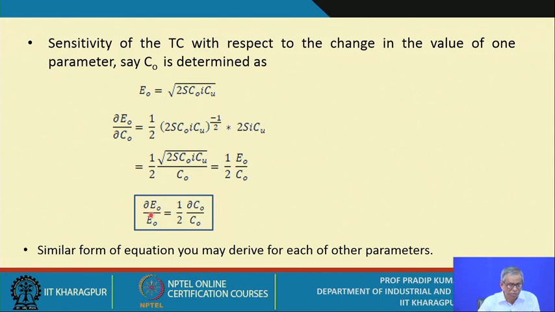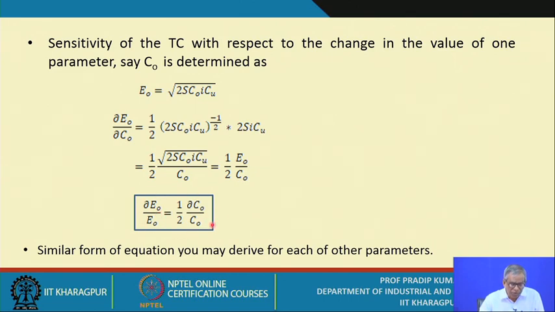Okay, so in other words, del EO by EO, that is the proportion, equals half of del CO by CO. That means supposing there is a change of 5% in CO, the optimal total cost will change by half of 5%, that means 2.5%.